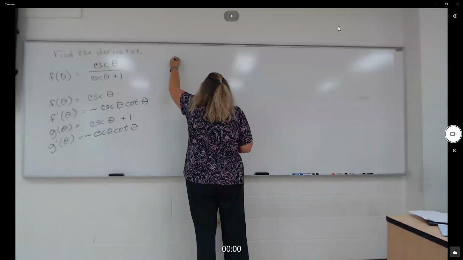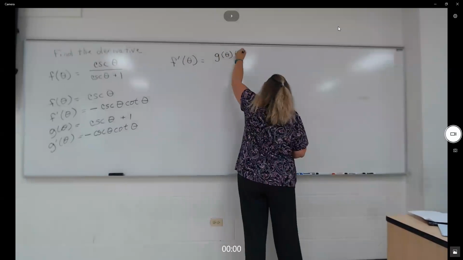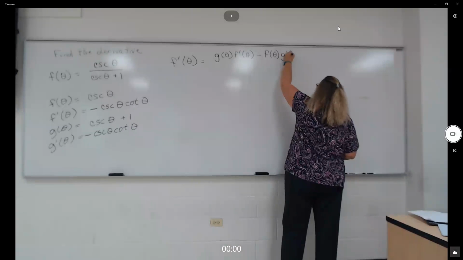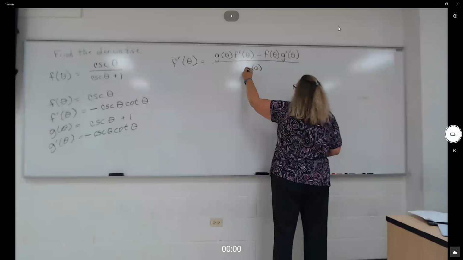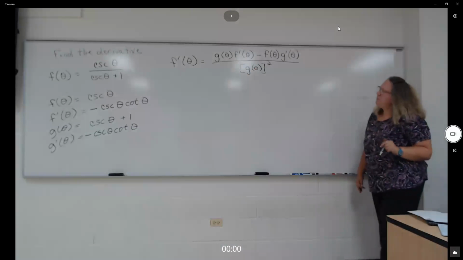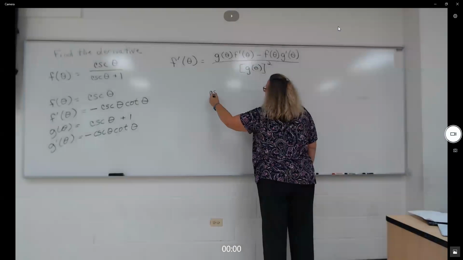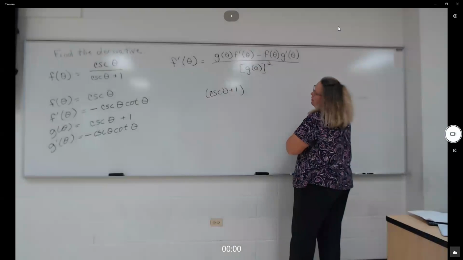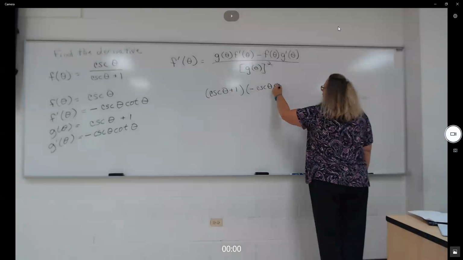Let's see. All right, so derivative. Here we go, g's on the corner: g times the derivative of f minus f, and that puts us with the derivative of g at the end, and then all over g squared. Okay, so now let's just plug it in, and then we'll see if we can simplify. This guy is cosecant plus 1. And then the derivative is negative cosecant cotangent.